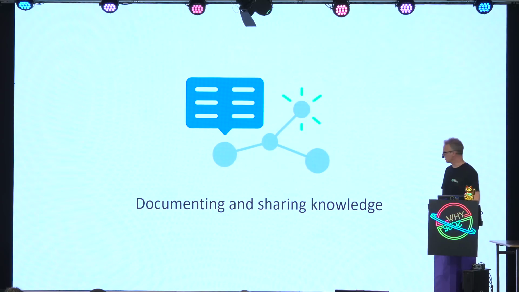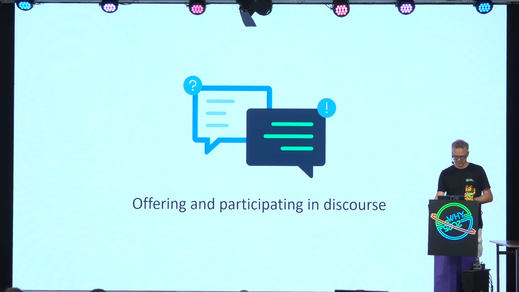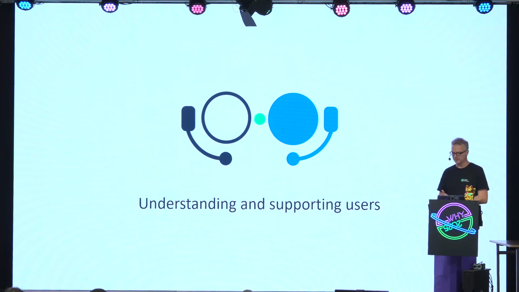And of course, documenting and sharing knowledge is a big factor. We also have forums where users can discuss and help each other, and we have regular virtual meetings and support hours for our projects as part of openCode.